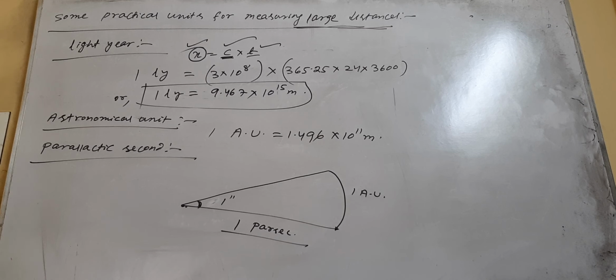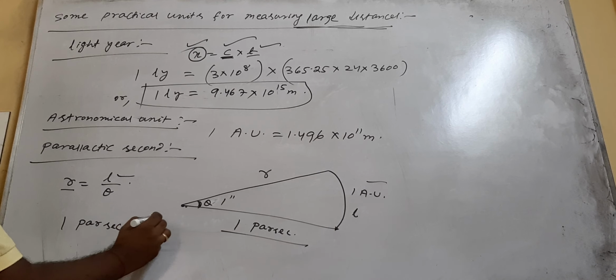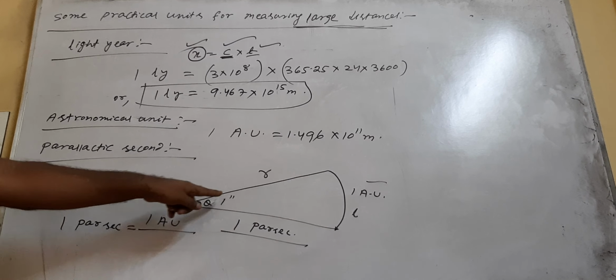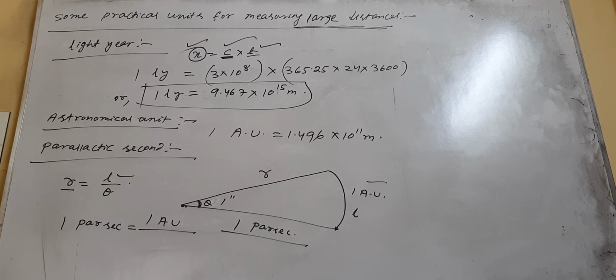That means if you take it as theta, it is L, it is R. That means R is equal to L by theta. R is the distance, 1 par second, and the arc length you see is 1 AU, divided by theta, 1 second of arc or 1 arc second.